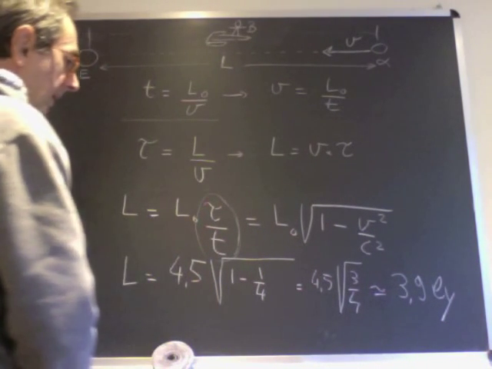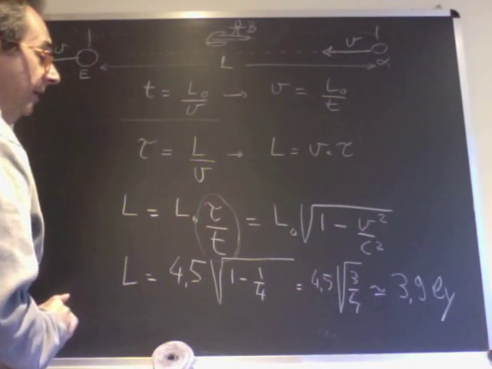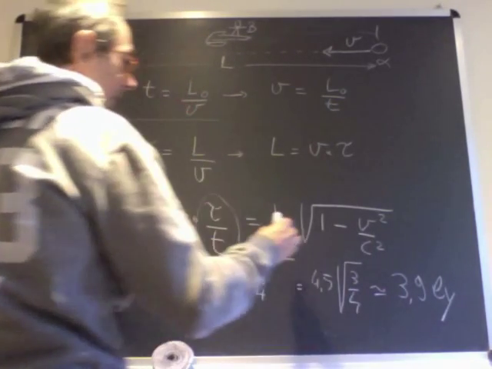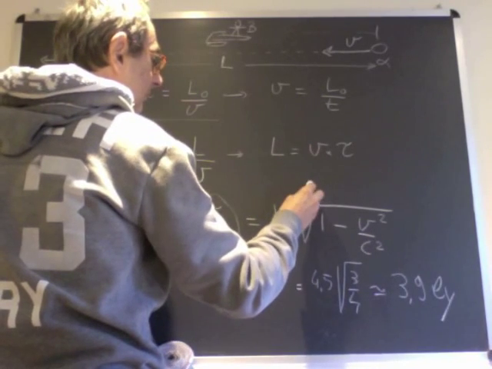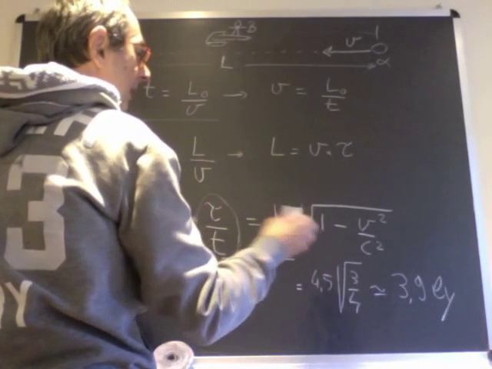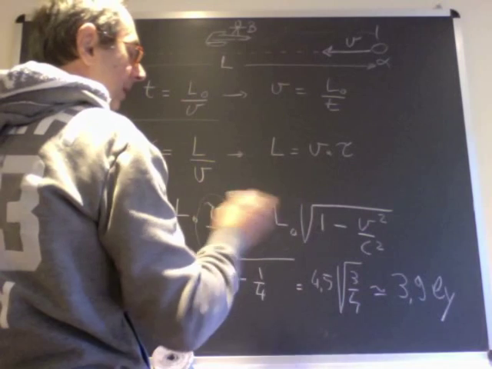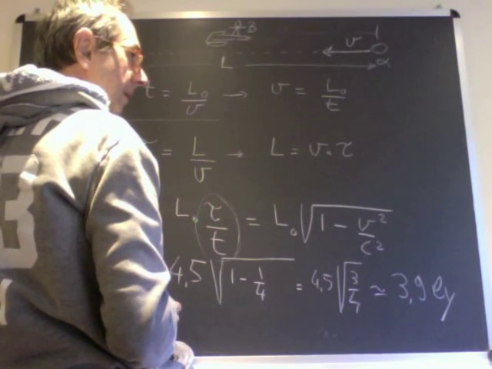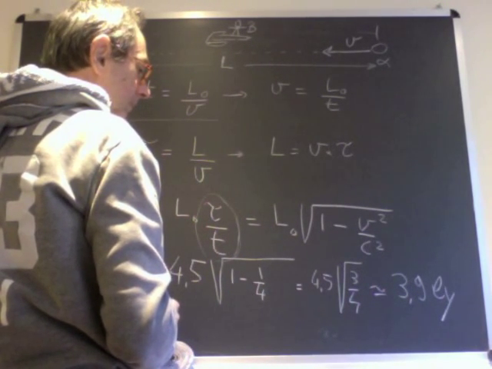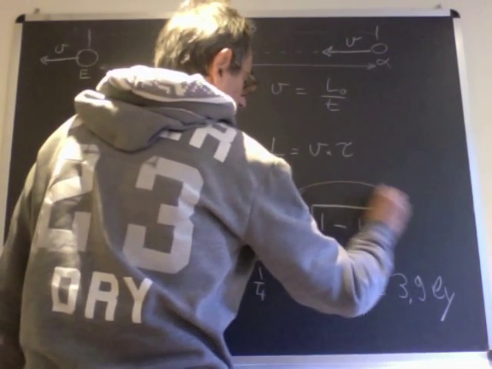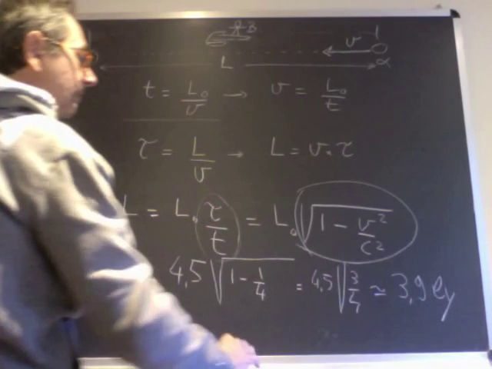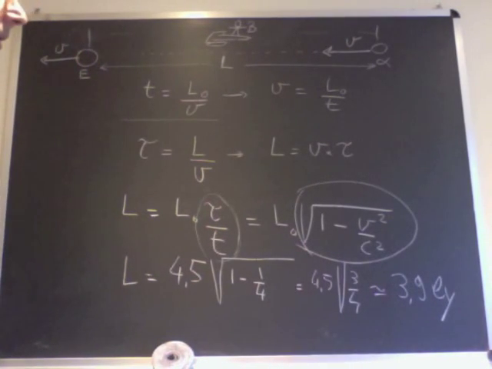Well, we have seen that in any case, the important factor to calculate the relativistic variation of time and space is just this one, the square root of 1 minus v squared over c squared.